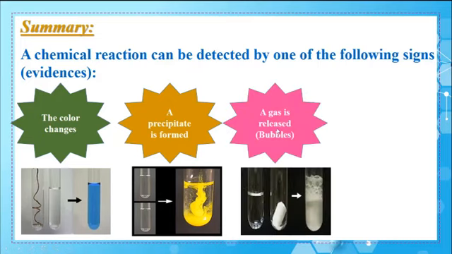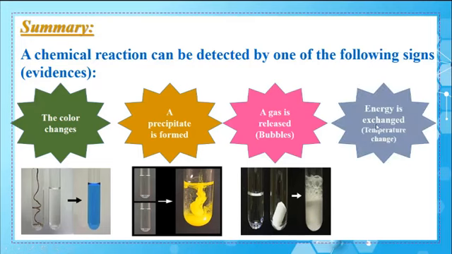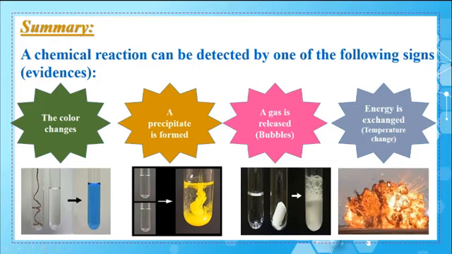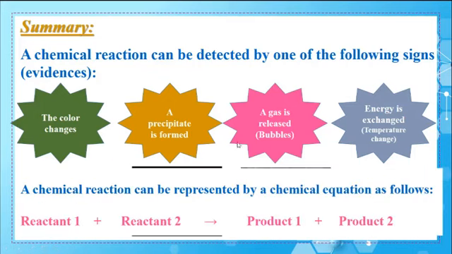A gas is released in the form of bubbles when we add vinegar over chalk. We can observe the bubbles here, as you see. And the last one, the energy is exchanged. Here we have the explosion. When we have explosions, a lot of heat is produced.